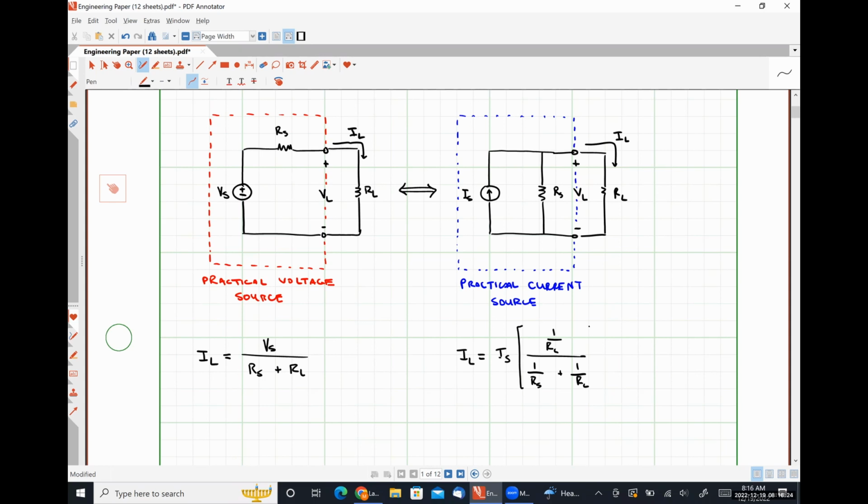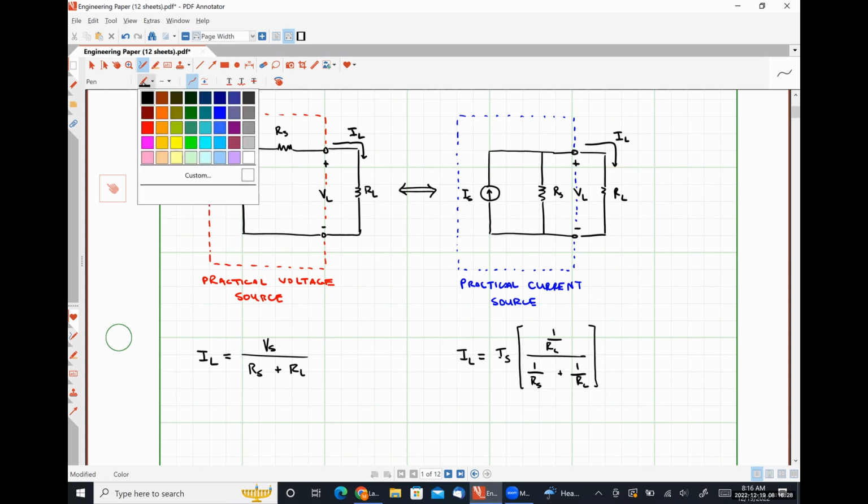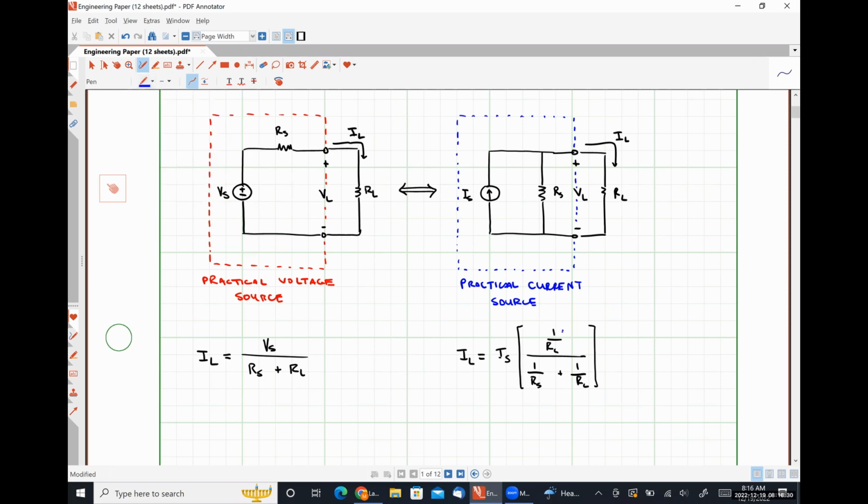I'm going to do a little bit of manipulation here. I'm going to multiply this numerator by RS over RS, this guy by RL over RL, this guy by RS over RS, and we can see that we have a common factor of RL times RS in the denominator of all of those terms. All of those are going to go away.